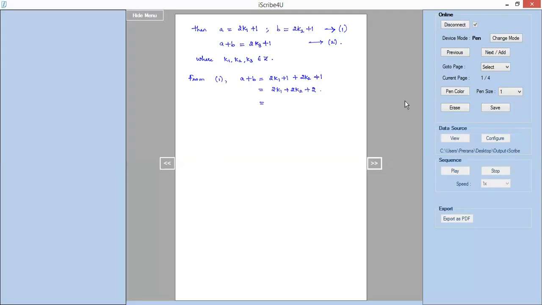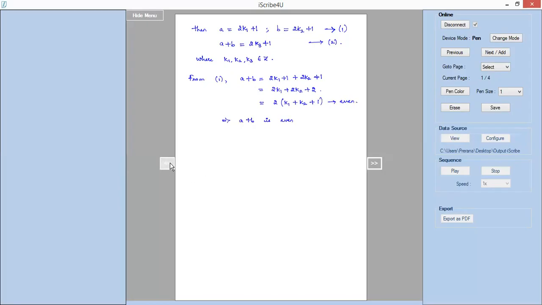We have 2 common in all of them, so this gives us 2 times (k1 plus k2 plus 1). Is this implying that A plus B is even? This is representing an even integer, no? So we have concluded that A plus B is even.